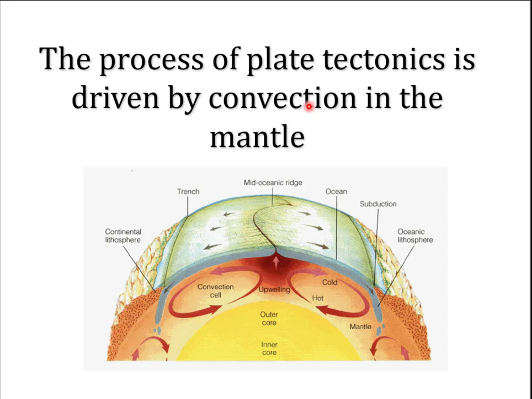We understand that the mantle of the earth is solid, but it will flow. Now, I know that's weird because we're not used to solids that flow, but I would ask you to think about Play-Doh, right? Play-Doh is solid. It's not a liquid or a gas. But if you squeeze it, it flows. If you heat it, it flows even better.